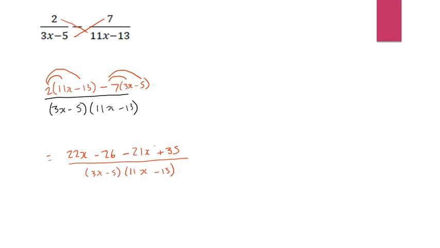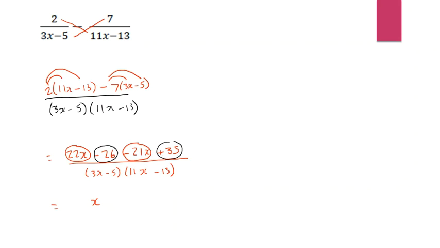Now you can see we've got 4 terms on the numerator here, and we need to simplify them. So I'm going to collect together the terms that contain x. That's 22x, take away 21x. So in this case, that leaves me with x. And separately, I've got minus 26 and positive 35.